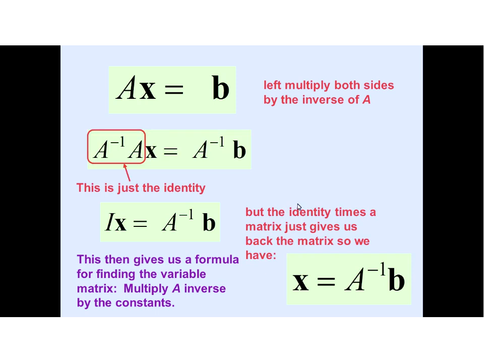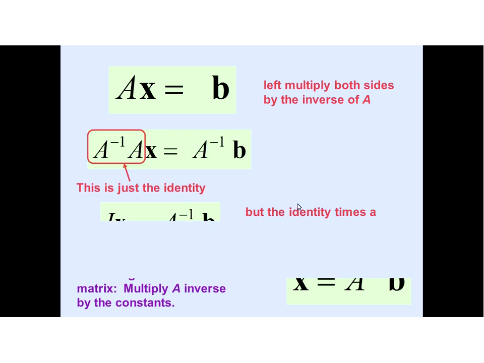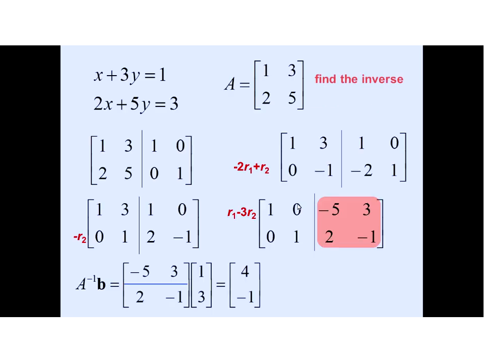We write A inverse and the value of b. First row, first column, we get 4. Similarly, second row, second column, we get another value. These are the values of x and y. This is the procedure.